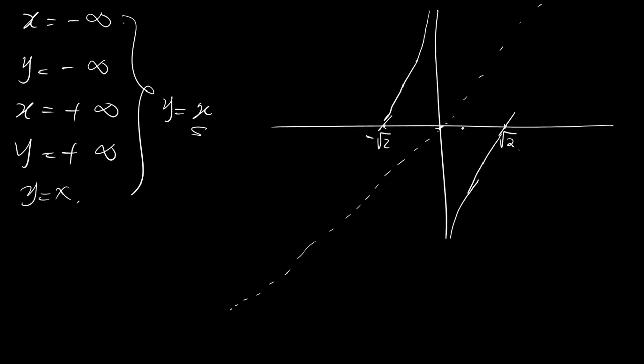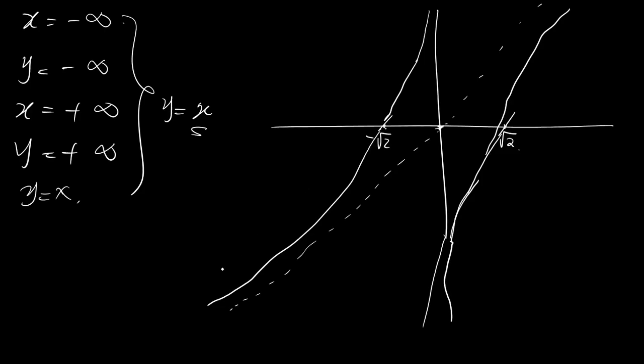So it passes through the origin. That means this curve will tend towards this line, and on this other side it will also tend towards the line. So this is a curve. So this is going this way. Let me draw this well.